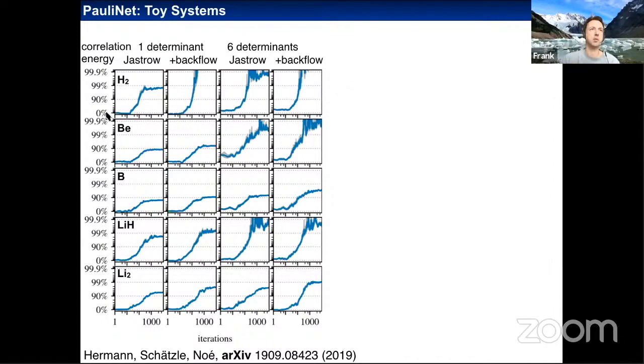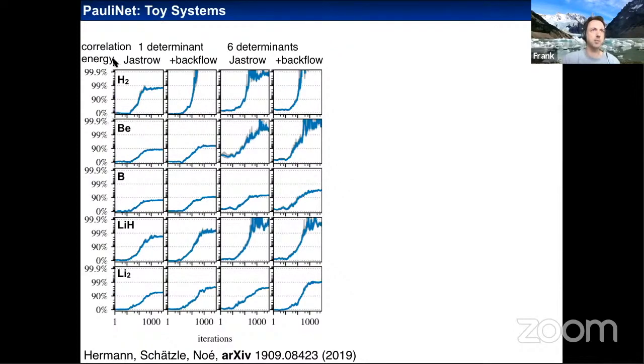And so what we are plotting here is the correlation energy. Correlation energy is the difference between the Hartree-Fock solution and the exact solution, where exact here is some CI method in the large basis set limit usually.